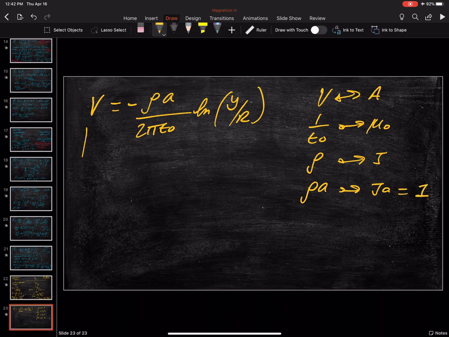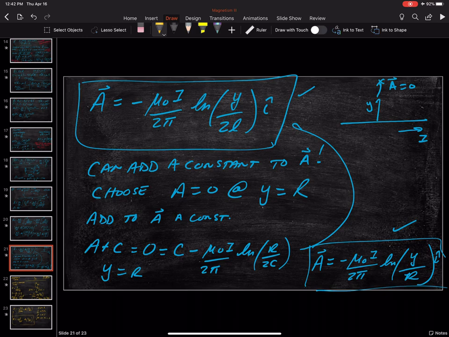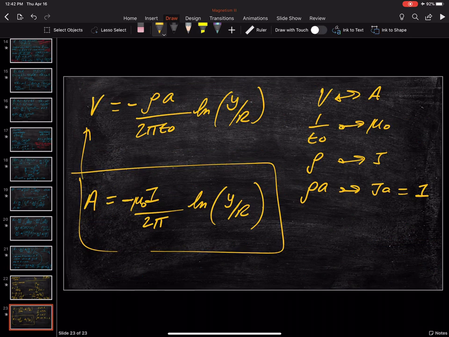So A is equal to minus mu naught I over 2 pi natural log y over r. And I hope that's exactly the same thing as I had here. And yep, sure enough it is.